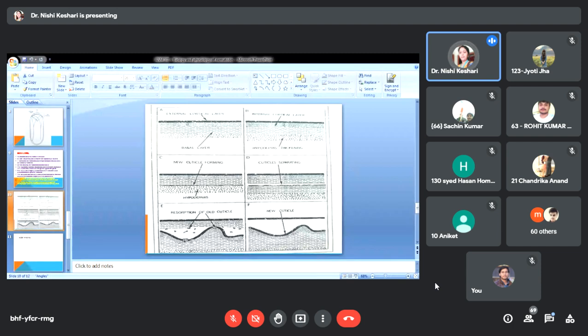In this way four molts occur. After the first molt the second stage is formed, after the second molt the third stage is formed, after the third molt the fourth stage is formed, and after the fourth molt the adult stage is formed. So totally four molts are there and four juvenile stages.